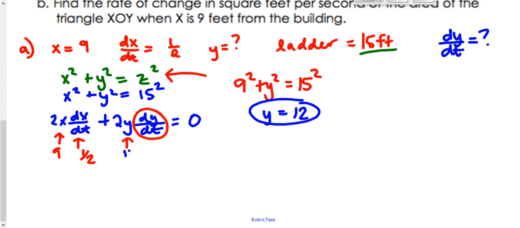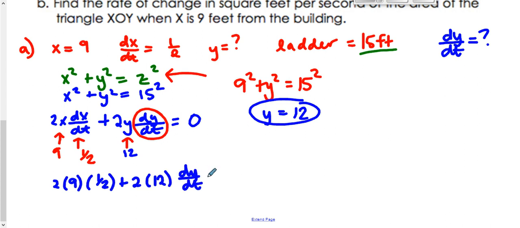So now we can plug that in. We have 2 times 9 times 1/2 plus 2 times 12 dy/dt equals 0. From there, we have 2 and 1/2, so those can cancel. So that's just 9. We could subtract that over.